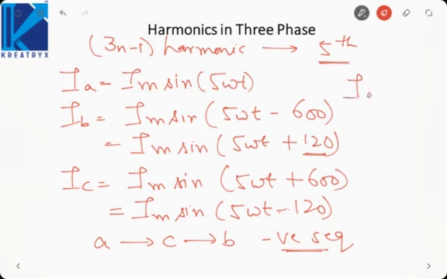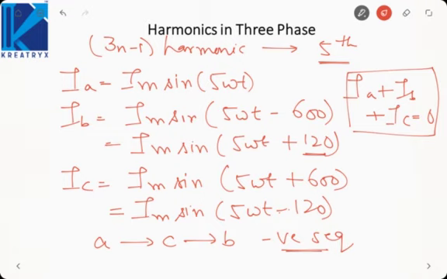That means IA plus IB plus IC will always be 0. That means this harmonic can also exist in star as well as delta connection, because the sum of currents is always 0. Okay, but remember 3n plus 1 harmonics are always positive sequence harmonics, and 3n minus 1 harmonics are always negative sequence harmonics. This concept will always be used in other machines also, so do try to keep this concept in mind.